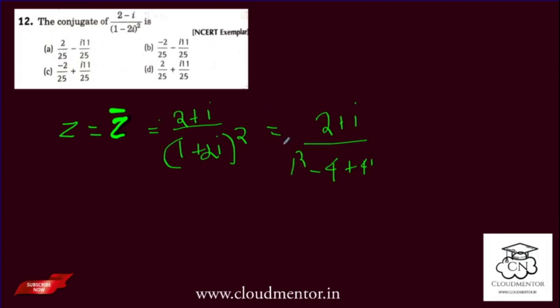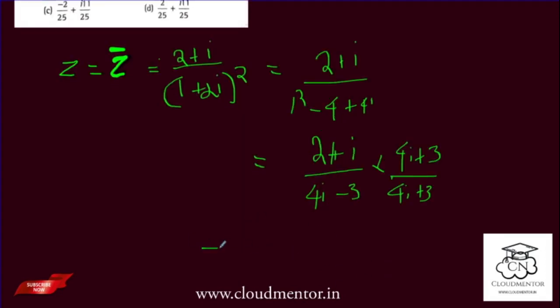We get it as 2 plus i divided by 4i minus 3, and taking the conjugate and multiplying both numerator and denominator, we get 4i plus 3 divided by 4i plus 3.